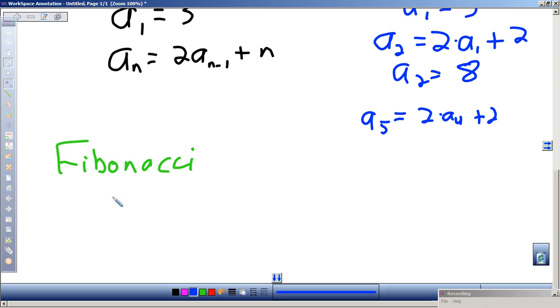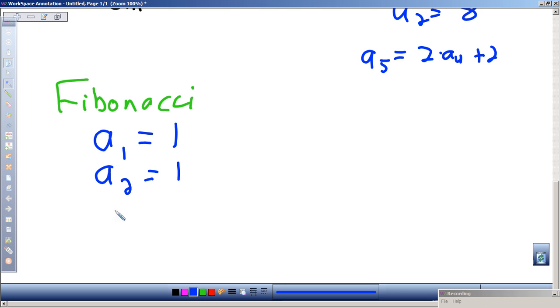Okay. There are some fractals that are based on it. So it starts with a1 equals 1, a2 equals 1, a sub n is equal to a sub n minus 1 plus a sub n minus 2.